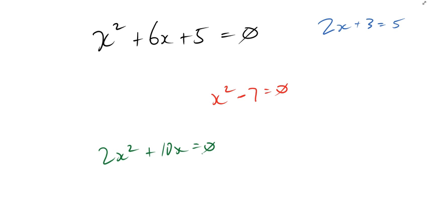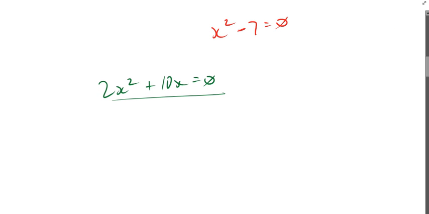This is a nice example, because what can I do? Well, I can do 2x and then x plus 5 equals 0. And then I use the zero product property to solve the rest of this.